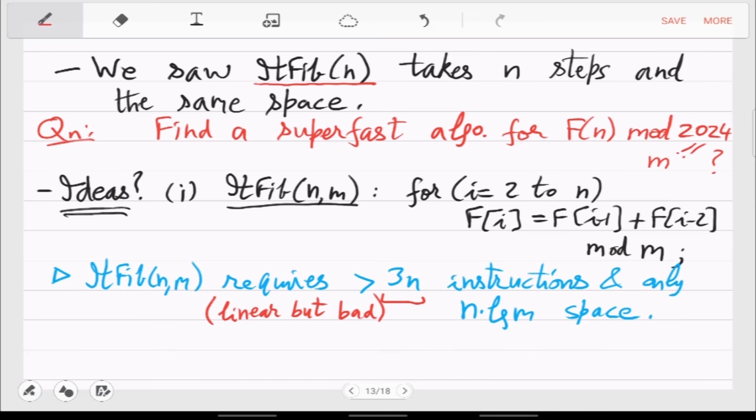Ultimately, everything in a computer is stored as 0, 1, right? If you are from electrical engineering, you know that the only thing a circuit can store is on or off state. So everything is ultimately reduced to 0, 1. So how many 0, 1s will 2024 require? That in binary representation is optimal, that is log m. But that here is very small, so we can potentially skip it.